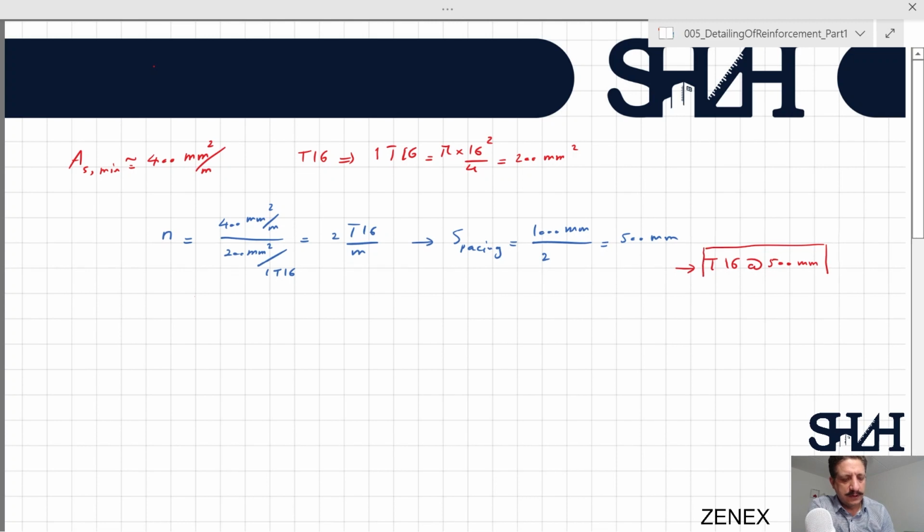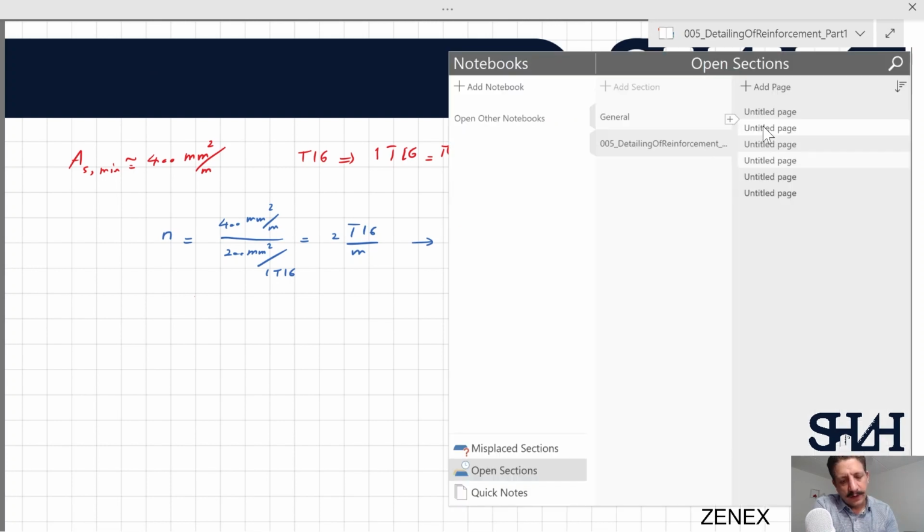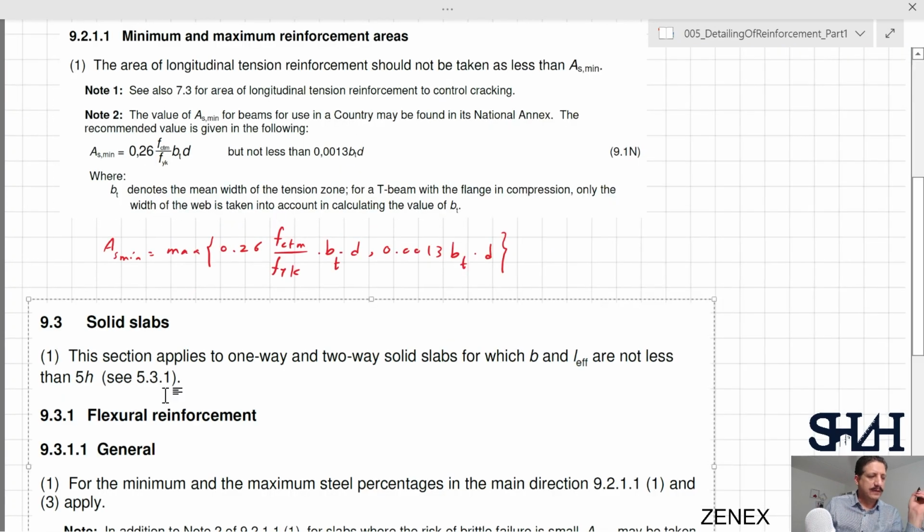But this is not the end of the story. We need to calculate how many reinforcement we need according to the given load. As I mentioned, this is not about the designing of reinforcement. This is about the detailing of reinforcement. And also there is the regulation for the spacing.